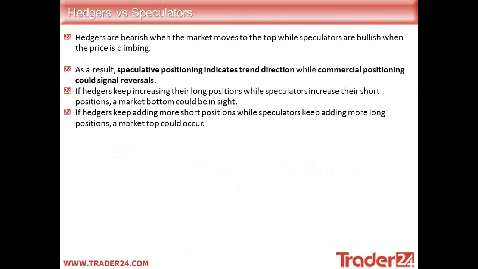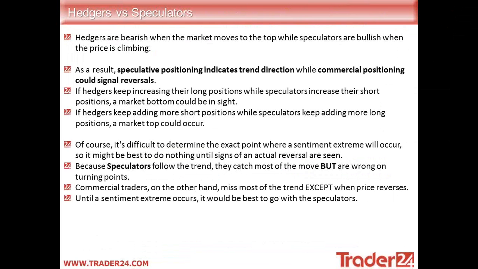If hedgers keep adding more short positions while speculators keep adding more long positions, a market top could occur. And of course, it's difficult to determine the exact point where sentiment extreme will occur, so it might be best just to do nothing until signals of an actual reversal are seen. I do suggest waiting on that. It's very difficult to pick the absolute tops and bottoms.